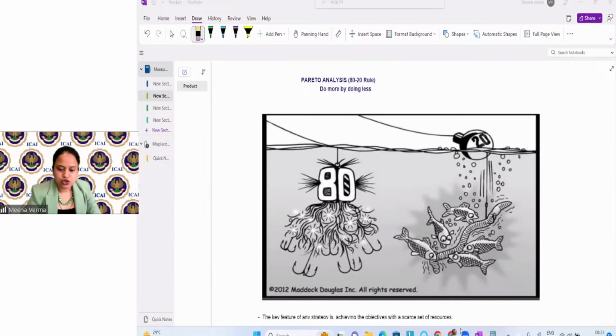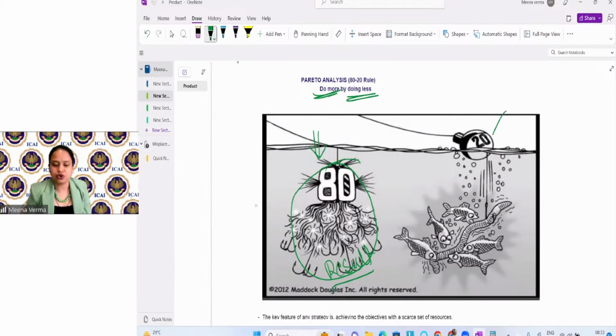Okay. So actually, I use a line here: do more by doing less. If you look here, you're putting 80% of your efforts, but you're not getting the result here. While here, you have put just 20% of your efforts, but you got all the result.